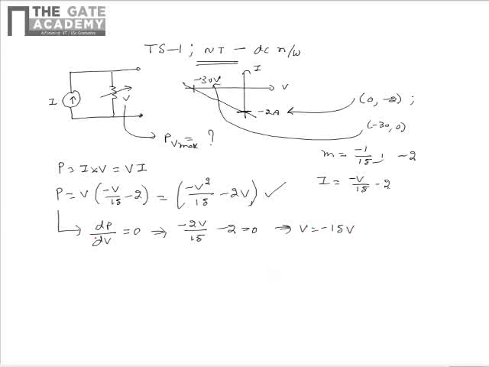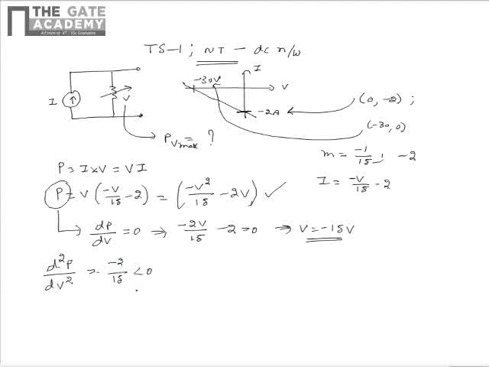That is, the maximum power or the minimum power is dissipated in the variable resistor when V is equal to -15 volts. To check if this is the maximum power dissipated, we need to find the sign of d square P by dV square at V equal to -15 volts, which comes to be -2/15.